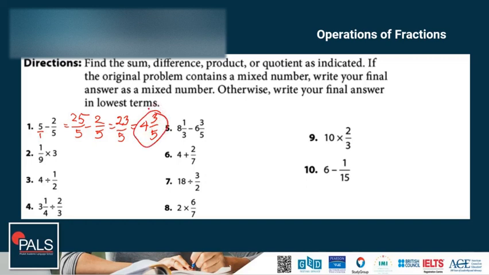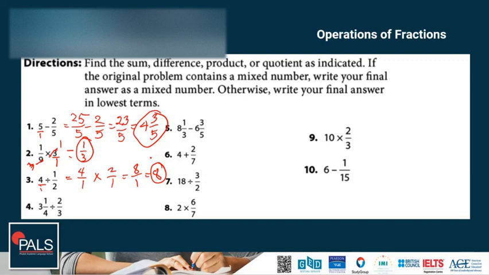Number 2: you can cross cancel 3 and 9. 3 divided by 3 is 1. 9 divided by 3 is 3. Then multiply across. 1 times 1 is 1. 3 times 1 is 3. So the answer is 1/3. Okay, number 3. Okay, 4 over 1 times the reciprocal, 2 over 1. So the answer is 8 over 1, which is equal to 8.